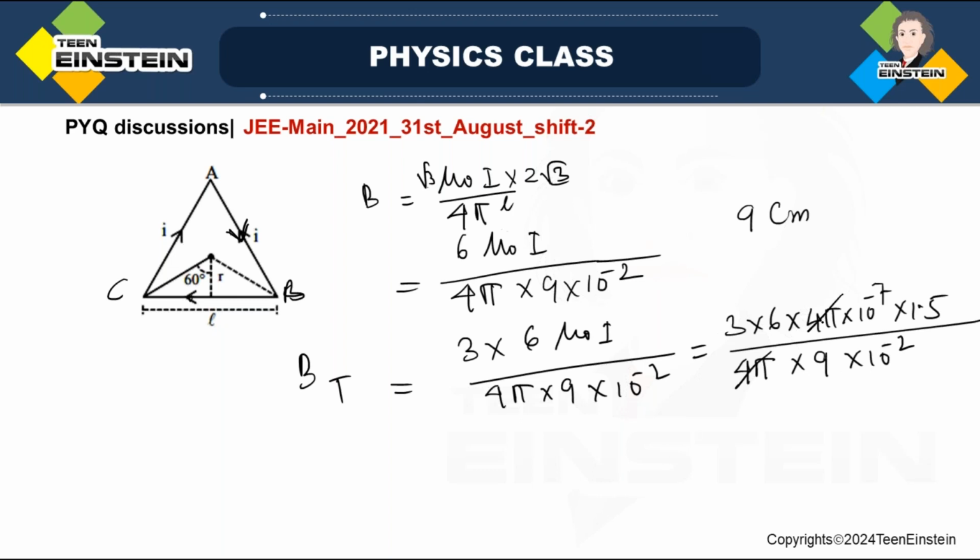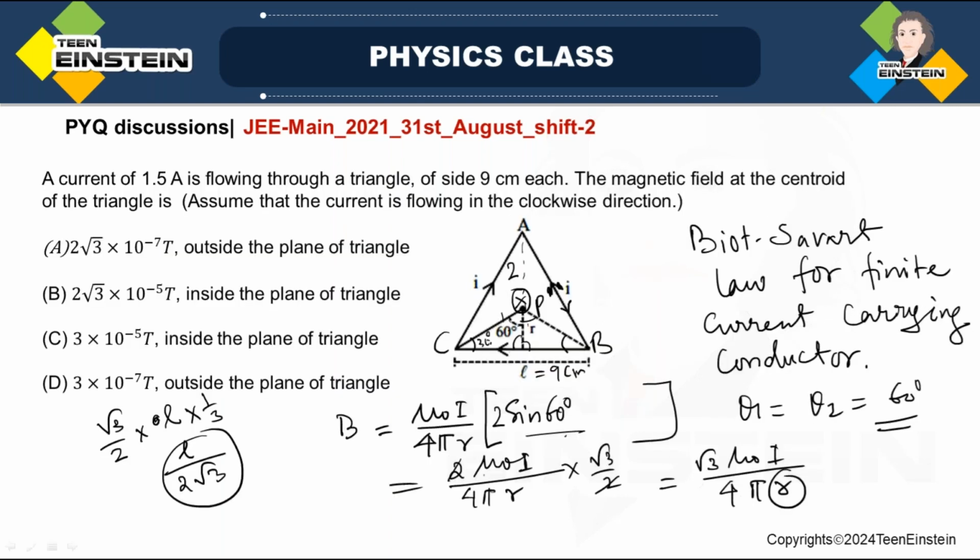You look, this 4 pi cancels, and this 9 cancels out, and we get 3 into 10 to the power -5 Tesla. Let's check whether we have it. Yes, we have, option C. And this will be inside the plane of the paper, so it will go into the plane of the triangle. So option C will be the correct answer for this question.